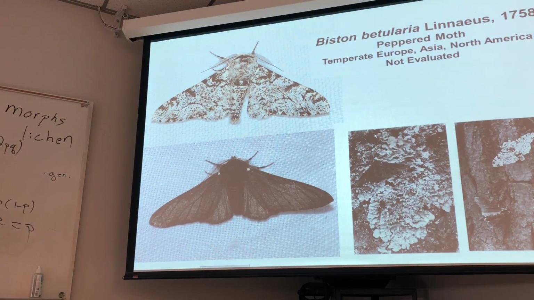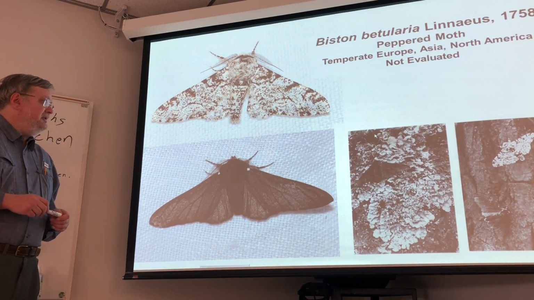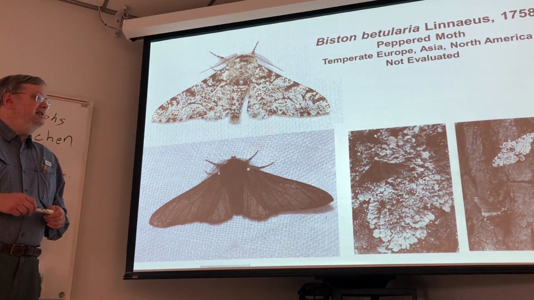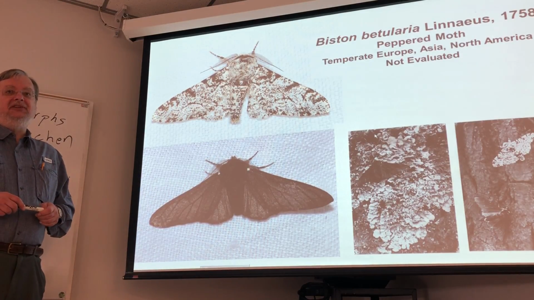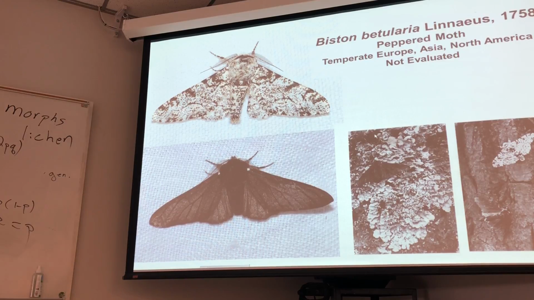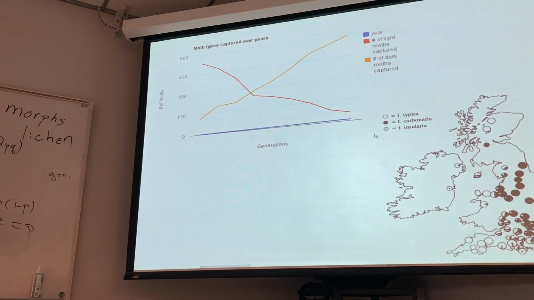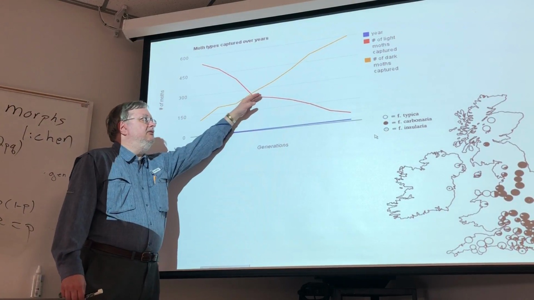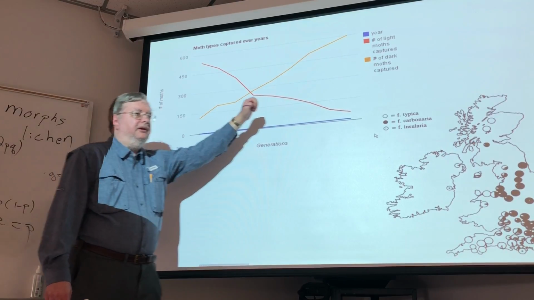So what you have in these areas as the Industrial Revolution develops is you start to see trees that look more like that. And who's going to get picked off by birds? The peppered form. So in areas which have lots of coal burning, we see a dramatic directional selection where now dark moths are being favored.